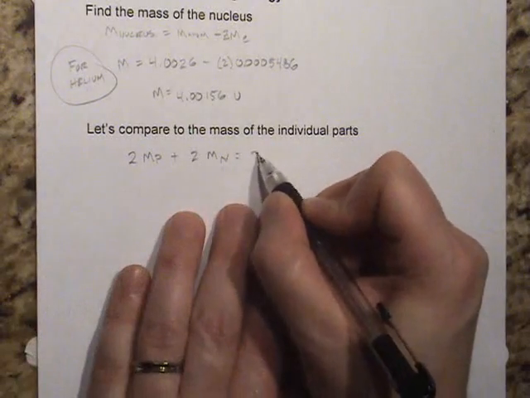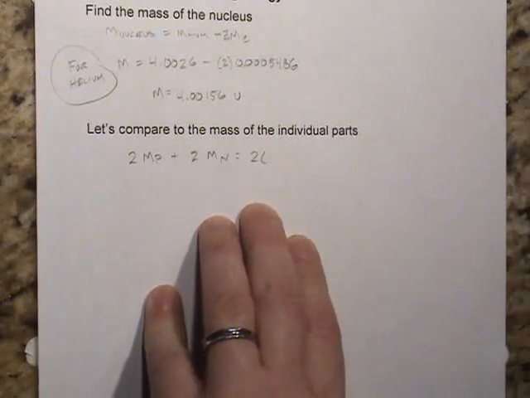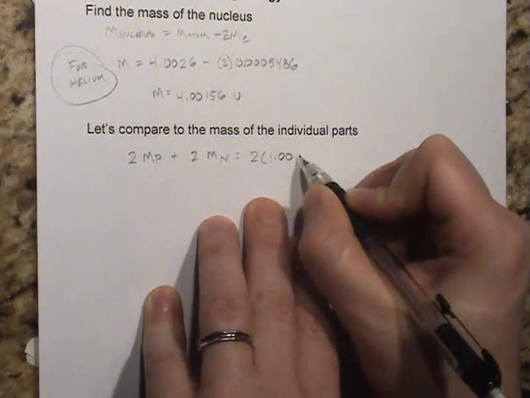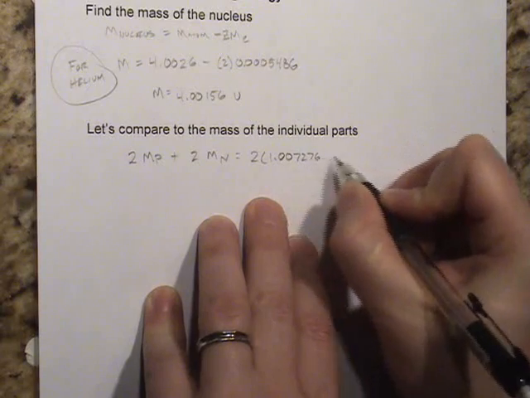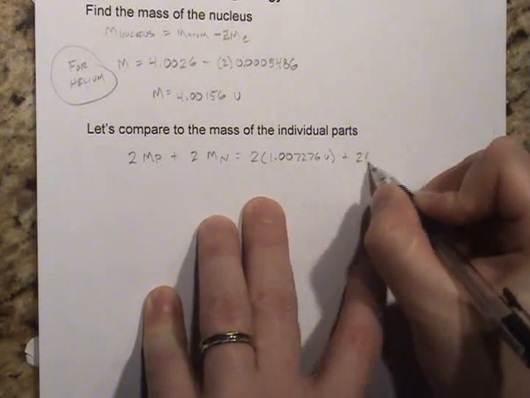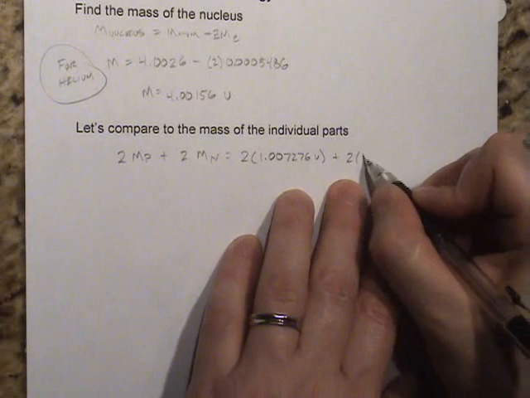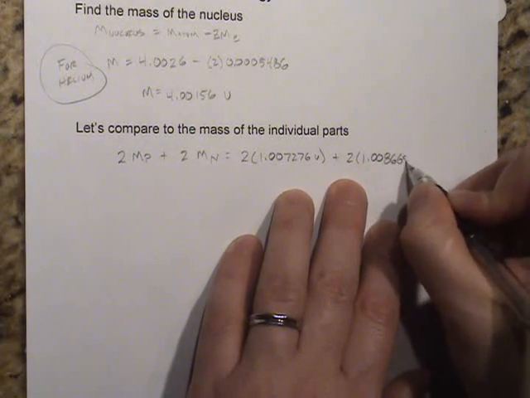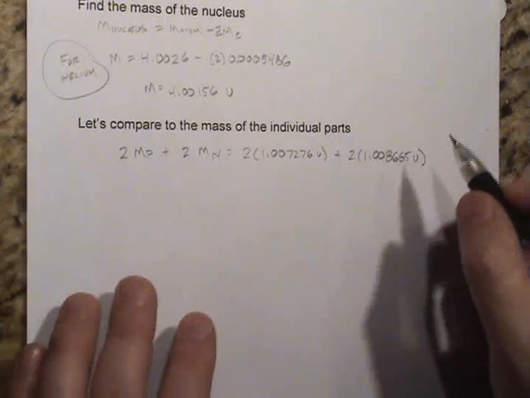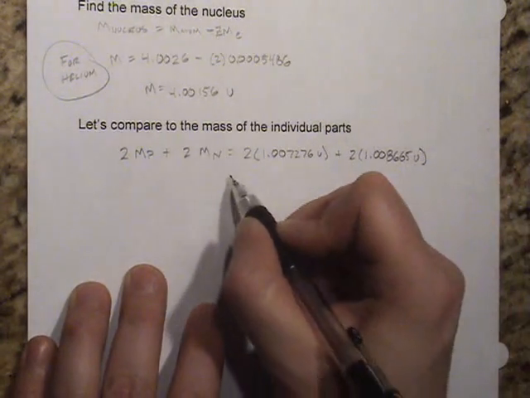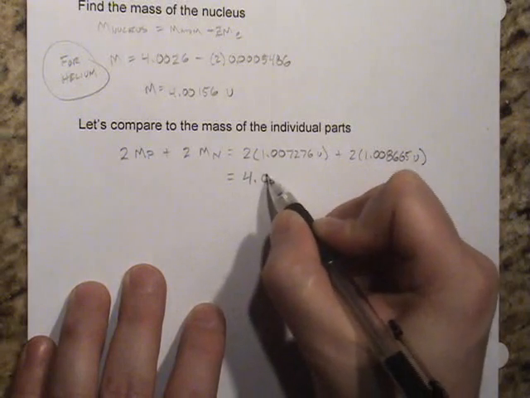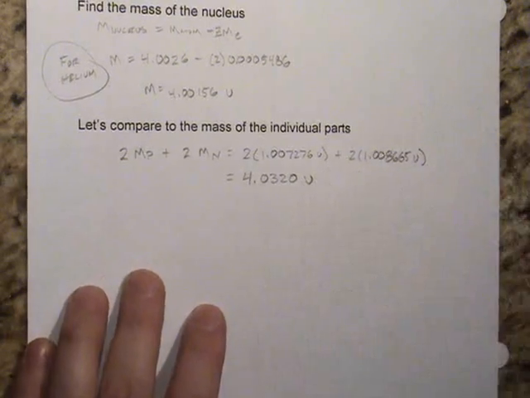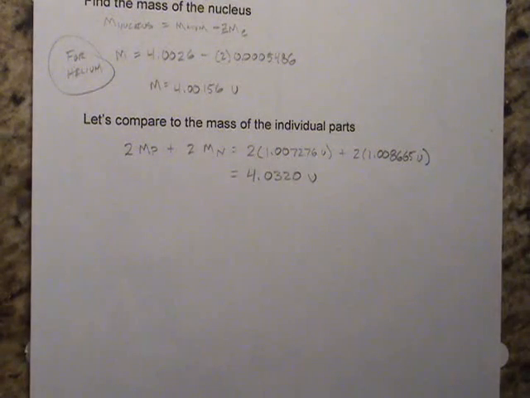And in this case, that comes out to be 2 times, and of course the mass of the proton is 1.007276 U's, plus 2 times the mass of the neutron, 1.008665 U's. And when we add that together, we find that the individual masses are 4.032 U's. And you can already see there's a discrepancy.